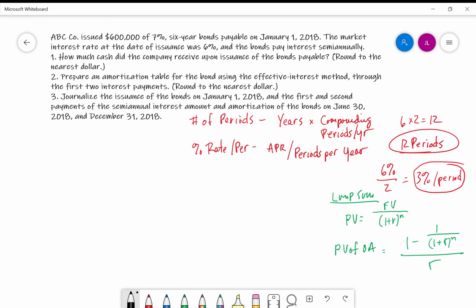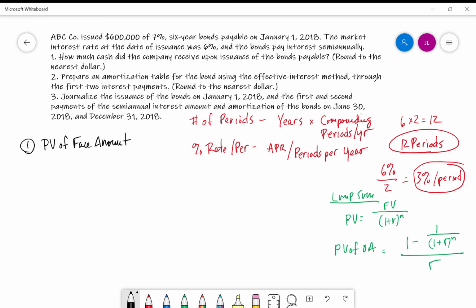So, if we go to answer number 1, the first thing we need to know is the present value of the face amount, or the face value of the bond. Well, we know that the face value of the bond is $600,000. Since that is a lump sum, it's only payable once, we are going to use the present value of a lump sum equation here.